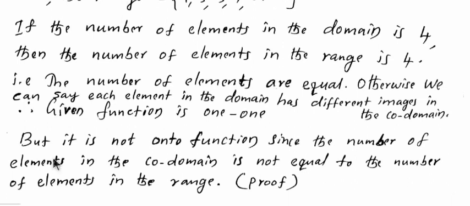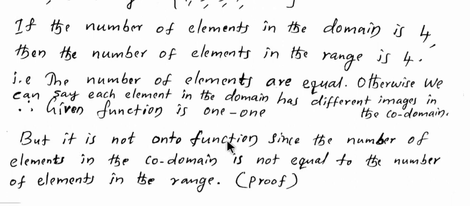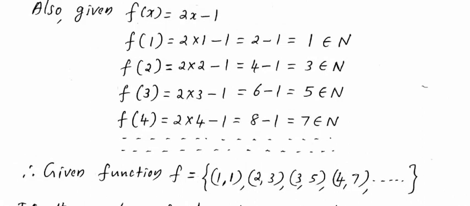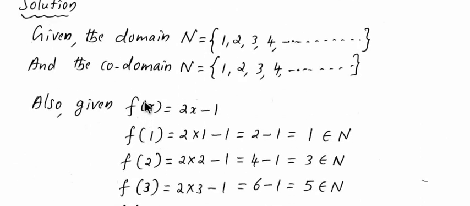But it is not an onto function. What is the reason? Since the number of elements in the codomain is not equal to the number of elements in the range. The number of elements in the codomain is actually infinite; we don't know the number.